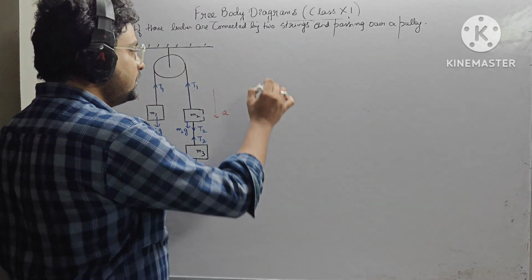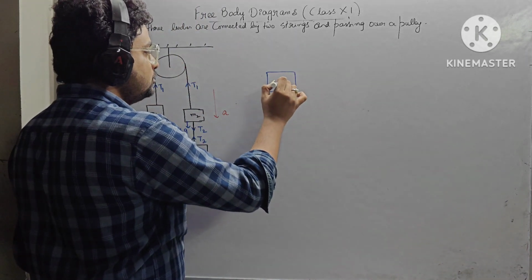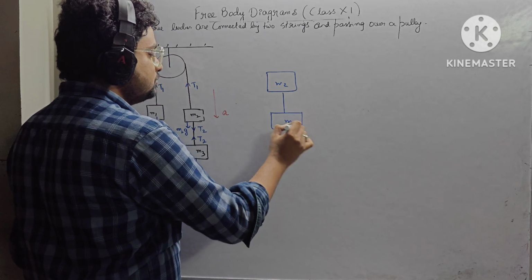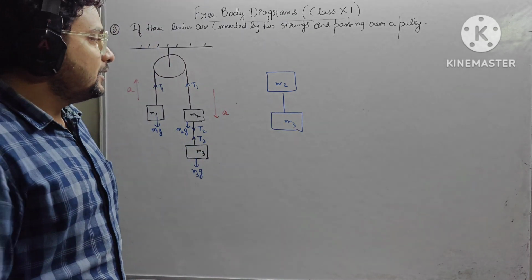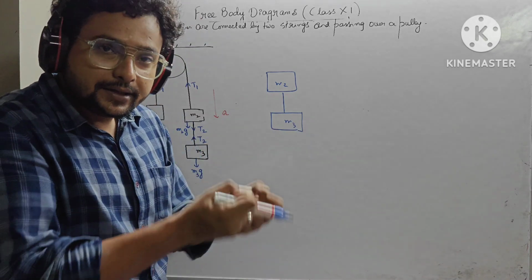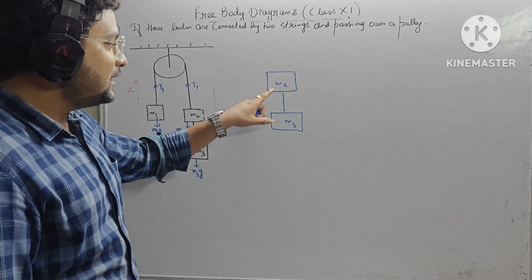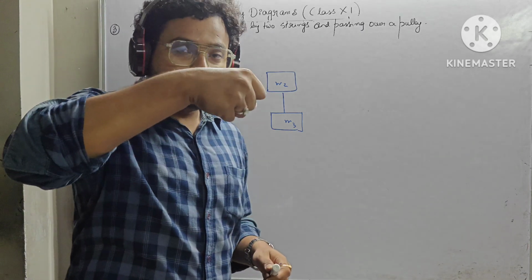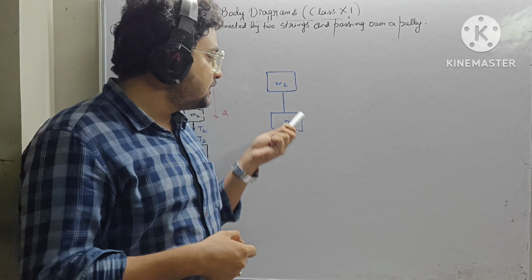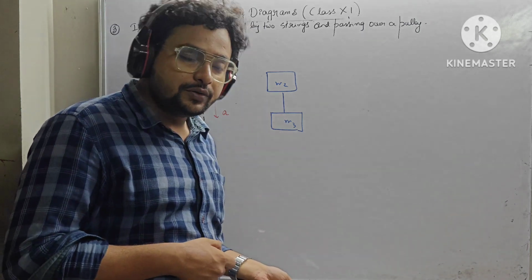Okay, those who didn't understand, here I am drawing once again this M2. Here there is a string, this is M3. Let's see, the entire weight is acting in the downward direction. So first of all, M2 is holding this M3 because it is M2's responsibility to hold M3. Otherwise, this will tear and M3 will fall down.